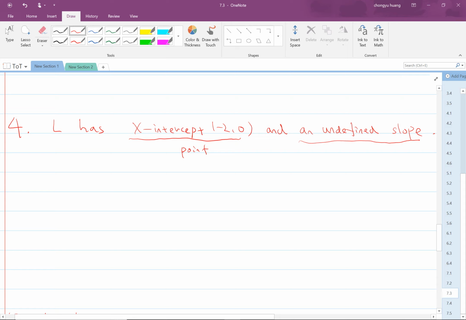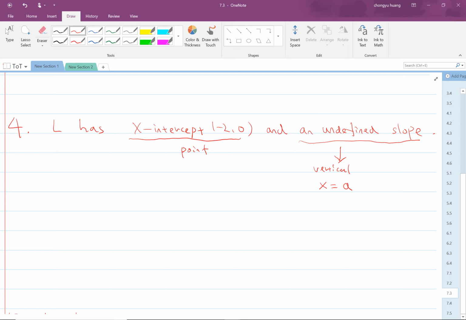As I mentioned before, with an undefined slope you should right away know that the line has to be vertical, and the equation is something like x equal to a. That's the thing you need to keep in mind, and that's how you apply the summary to the question.